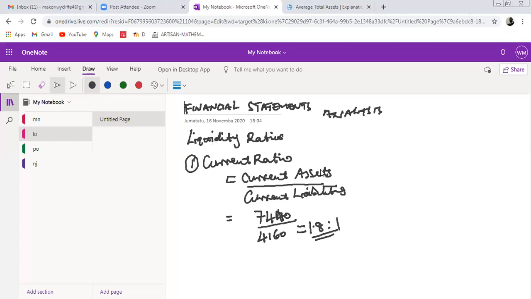If the figure is 1 point something or anything above 1, then the business is okay, meaning that the current assets are enough to pay the current liabilities and the business is able to remain with some. The question was not asking that, but I want us to use the same and calculate what we call the quick ratio.